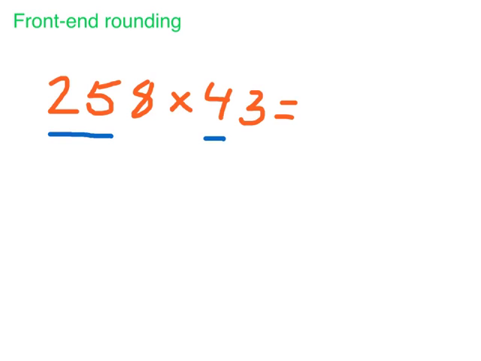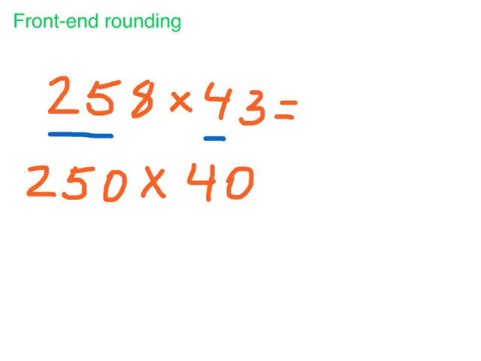So for 258, let's try keeping the first 2 digits, the 2 and the 5. The last digit turns into a 0. And for 43, we're going to turn that into a 40. So let's ignore the zeros for now and multiply 25 times 4.